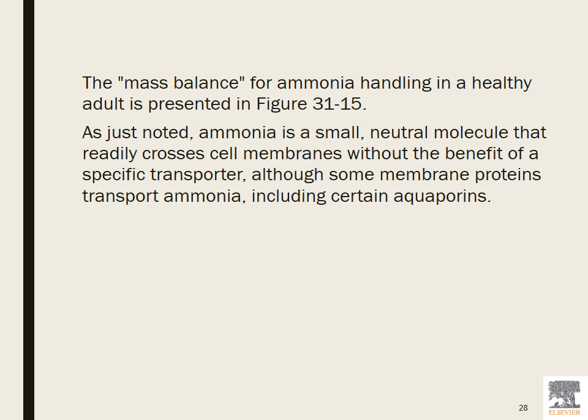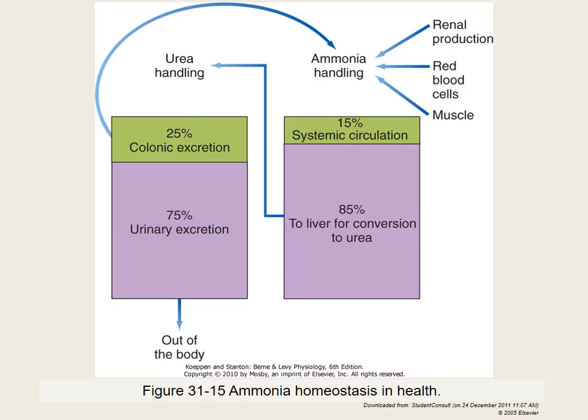As just noted, ammonia is a small, neutral molecule that readily crosses cell membranes without the benefit of a specific transporter, although some membrane proteins transport ammonia, including certain aquaporins. Here, ammonia homeostasis in health.